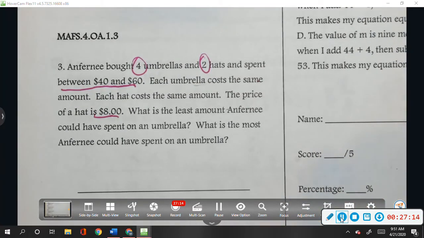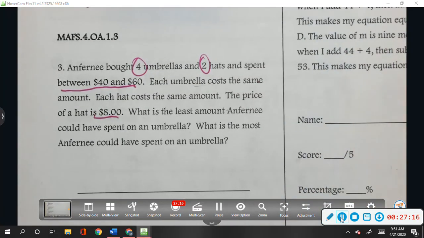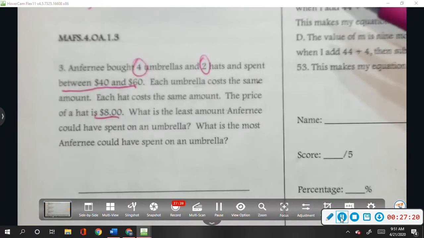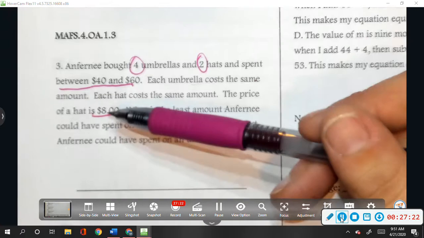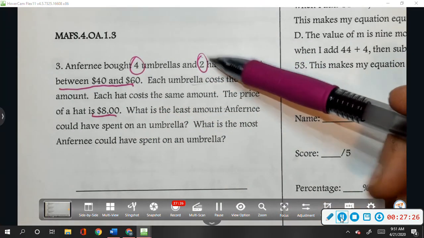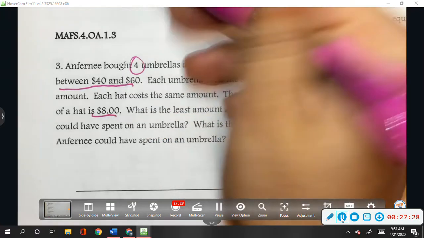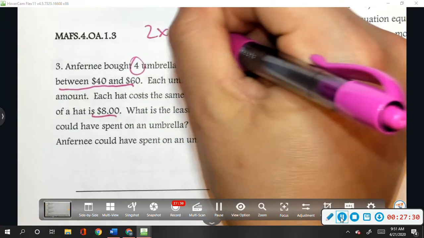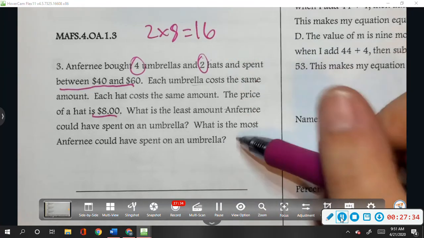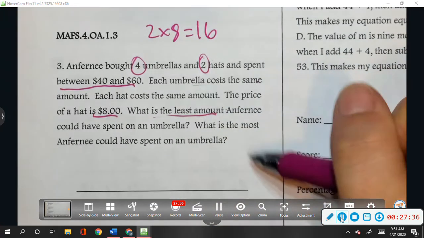So first we need to find out how much of Fernie's money she has left after she buys her hats, because we do have a dollar value for the hats. If she bought 2 hats at $8 apiece, 2 times 8 is 16. We're wanting to find out the least amount she could have spent.